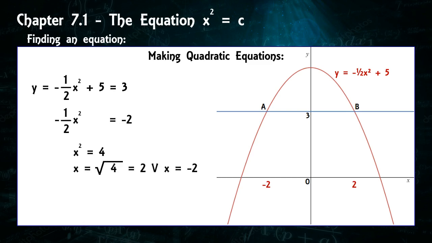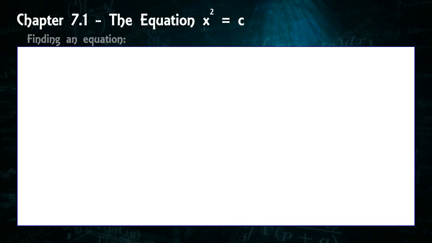This gives me x is 2 or x is minus 2, meaning the coordinates of A are minus 2.3 and B's are 2.3. Why? Because A is on the left / negative side and B is on the right / positive side. If your equation contains brackets, hold on to those for as long as possible.